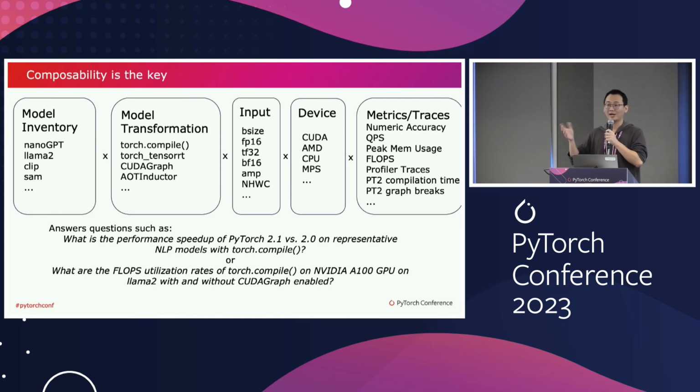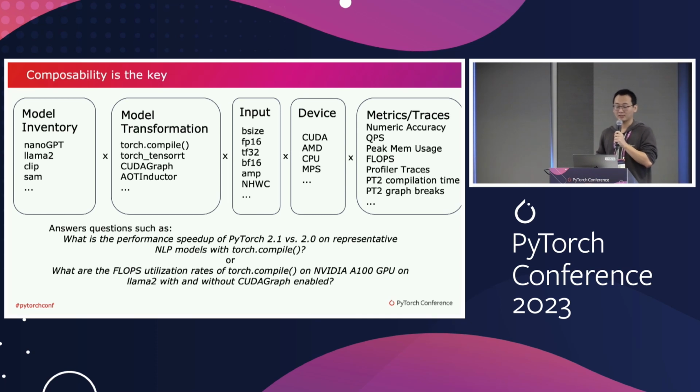And then we compare whether the PT2 version of the output tensors is close enough to the golden standard. And of course, we support the QPS, or the per-iteration latency of the test.